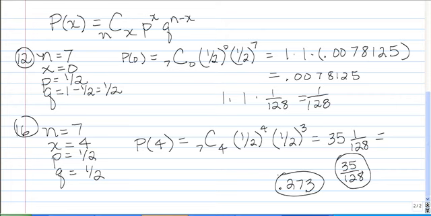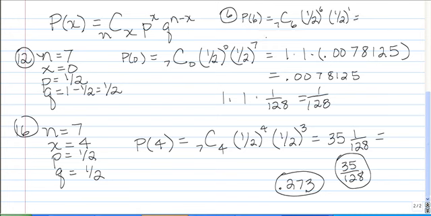And we can do it for 6. Let me see if I can squeeze one more in here. Let's do it for probability of 6 successes. That would be combinations of the 7 taken 6 at a time times 1/2 raised to the 6 times 1/2 to the 7 minus 6, which is 1.